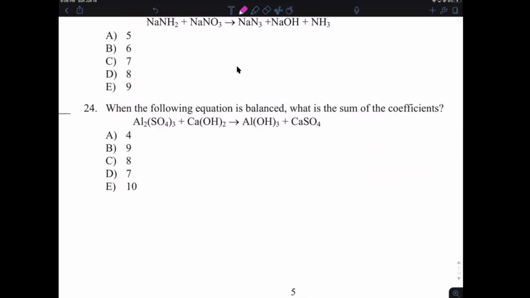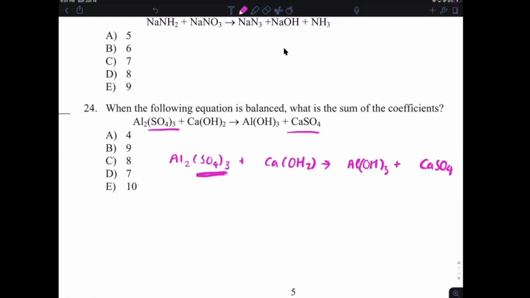So, okay, if we have 3 on this side, we need 3 on this side. What should be in front of the CaSO4? If we have 3 on this side and we need 3 on this side, what should we multiply by?